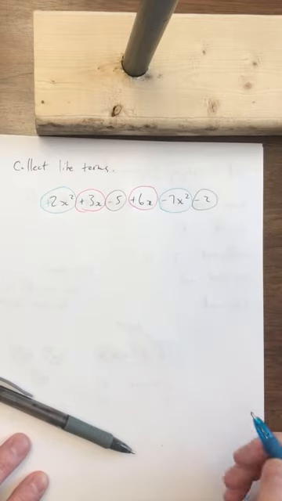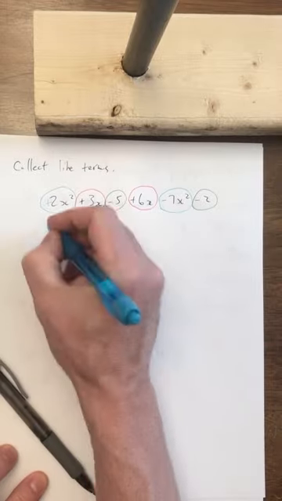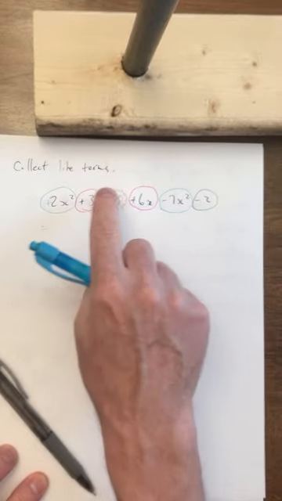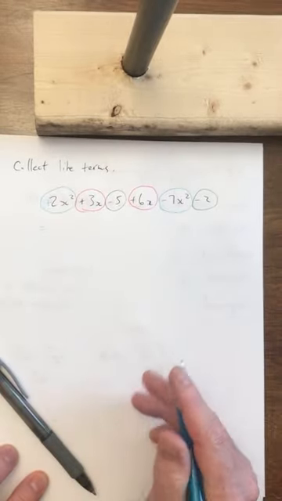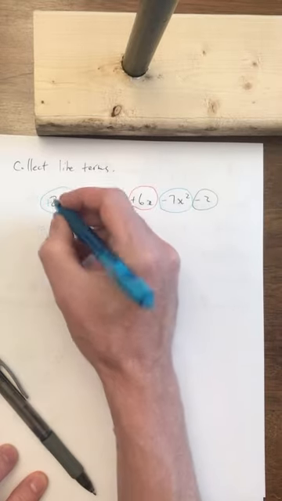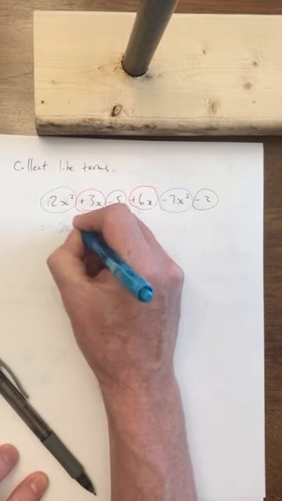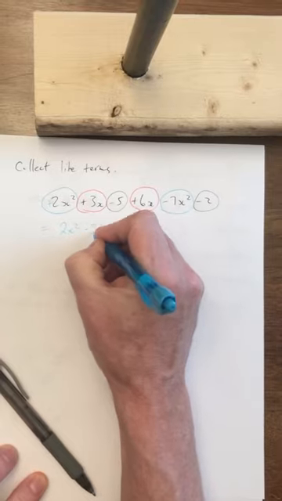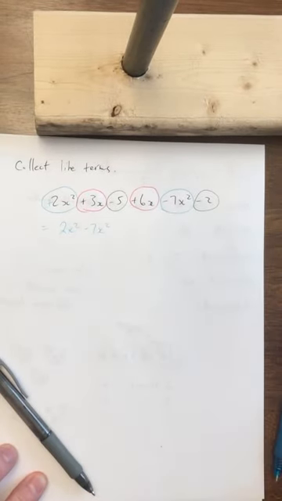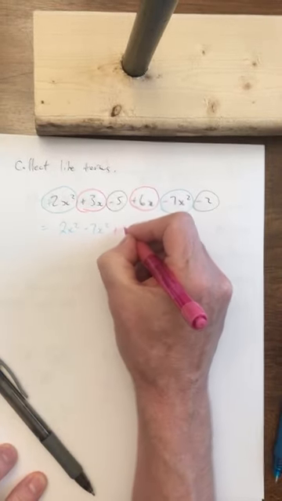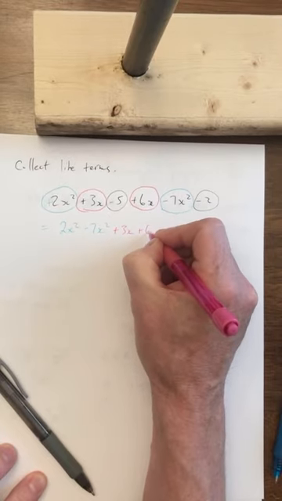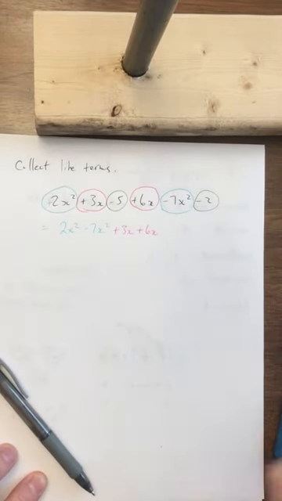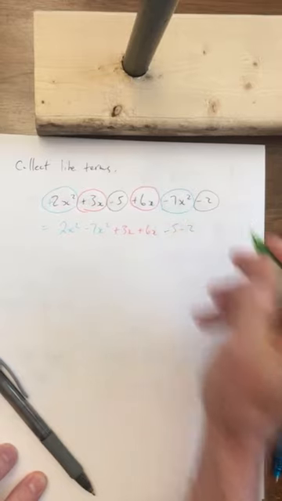And if you recall, what we want to do is collect like terms. So we want to put our like terms beside each other. We got 6 parts to this polynomial, and we could rearrange those parts in any way we want to. So I'm going to take this 2x squared and my minus 7x squared, put them beside each other. I'm going to put my 3x and my 6x beside each other. They are like terms. And my minus 5 and my minus 2.